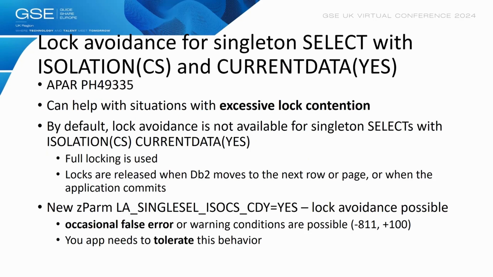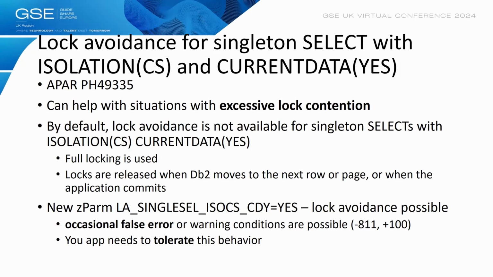I don't know if you are a user of the current data bind option, which is one of the most confusing options I know. Even if you have current data, DB2 can use some lock avoidance techniques, but I would be very careful with this. It really targets some specific use cases.